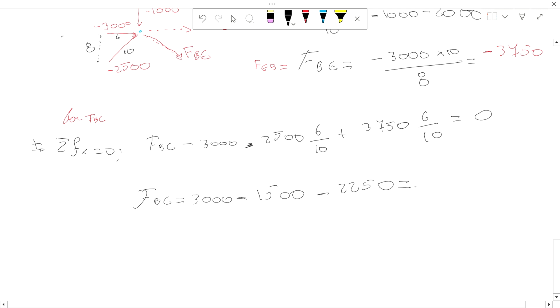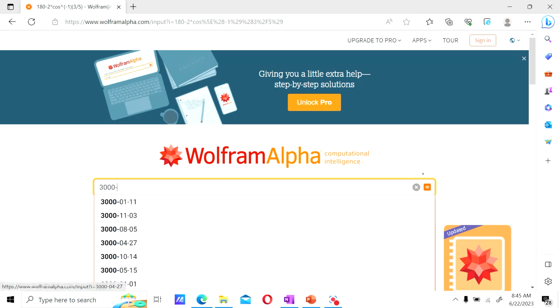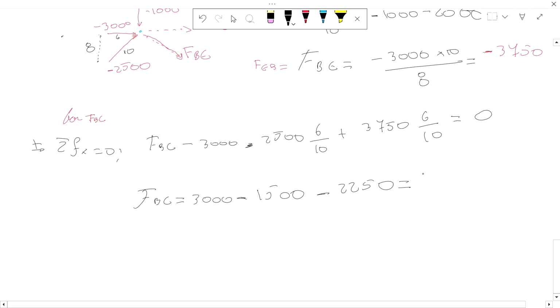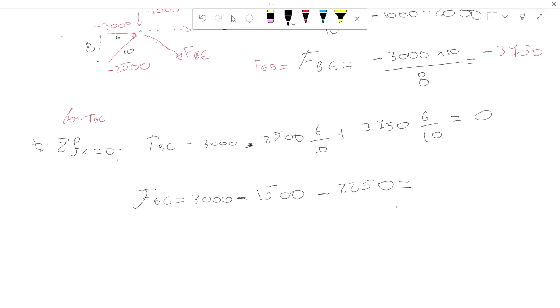So this is equal to 3000 minus 1500 minus 2250, which is negative 750. FB to C is negative 750 pound force.